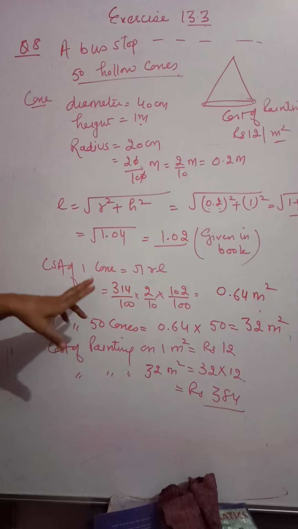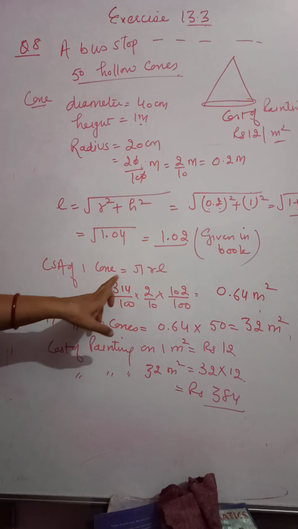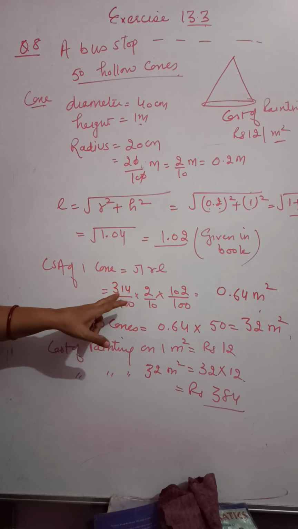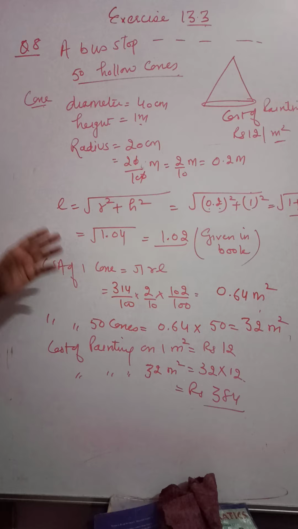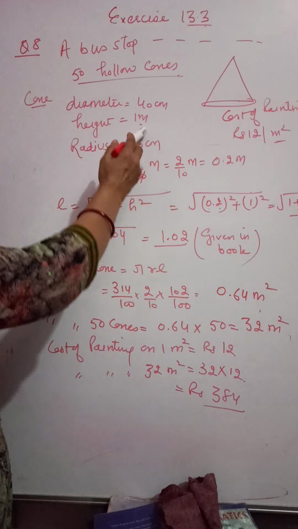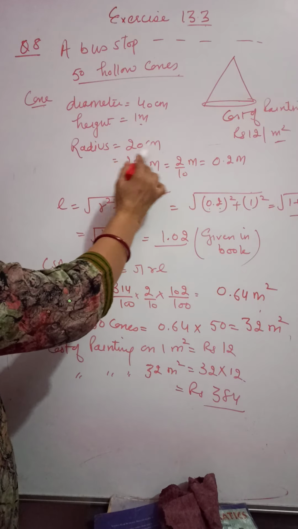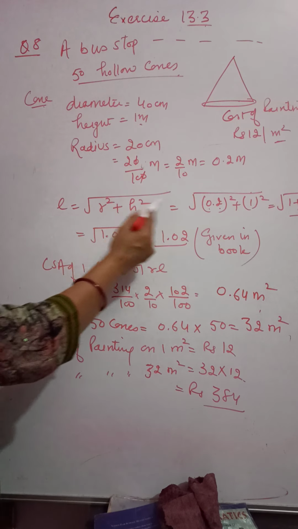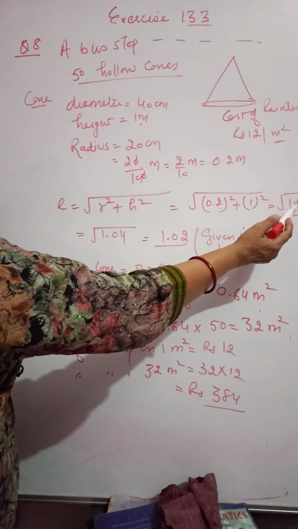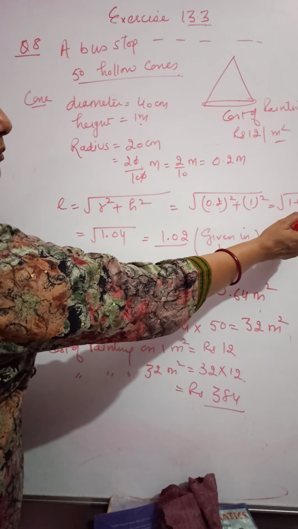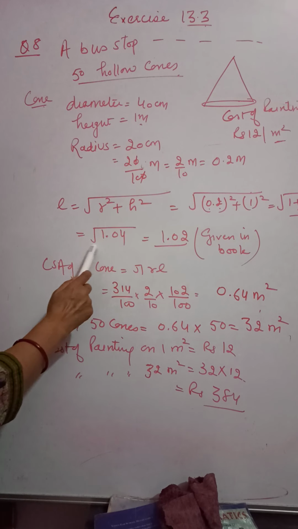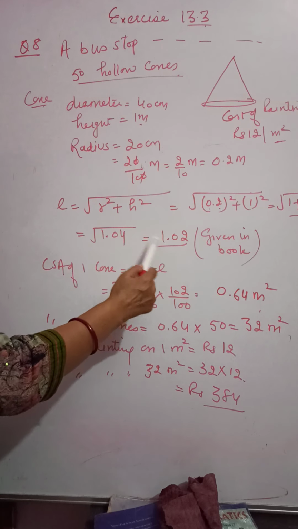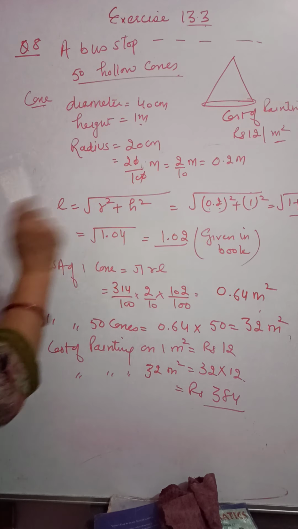Just keep in mind, the mistake was that I was putting 22 by 7, but in the book it is given that you put pi as 3.14, so you will put 3.14. Height was given, radius was given. The radius I have converted into meter. So first you will find L. L is root r square plus h square, 0.2 square plus 1 square, which comes out to be 1 plus 0.04, root 1.04. In the book it is given that root of 1.04 is 1.02.